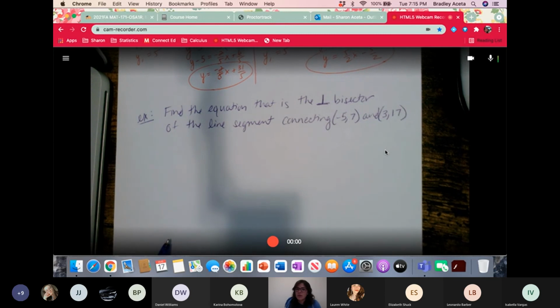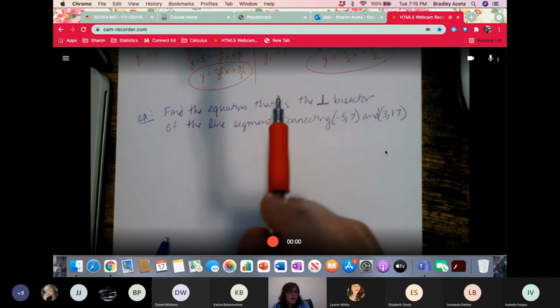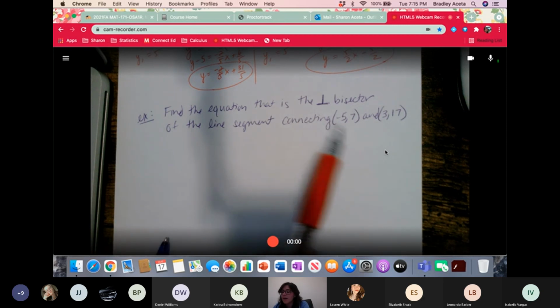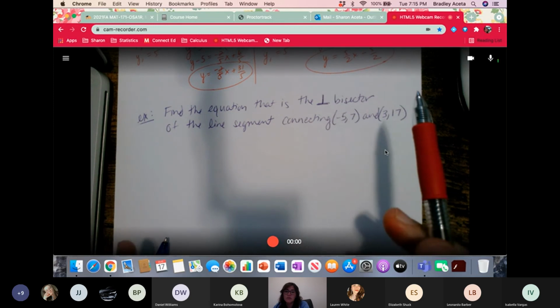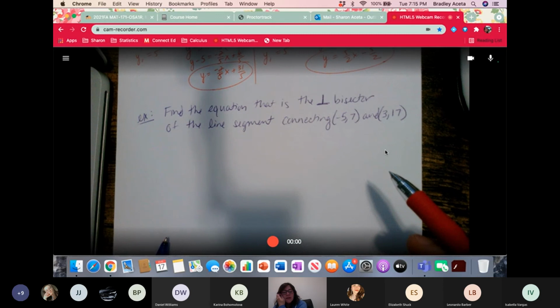It's a little bit of geometry for you, but it kind of goes back to what we were doing last week also, in addition to parallel and perpendicular lines. So we need to find the perpendicular bisector. Bisector means to cut a segment into two. We need to bisect it, find it right there in the middle.